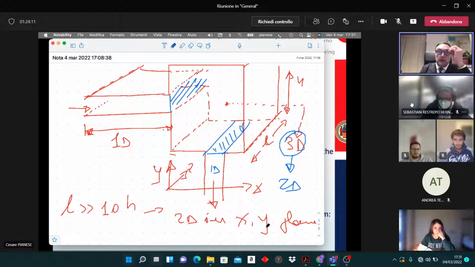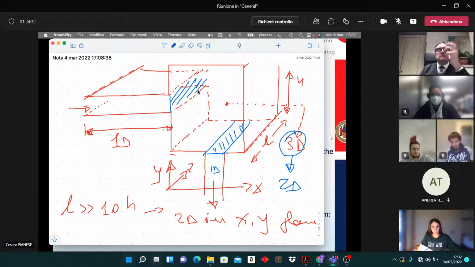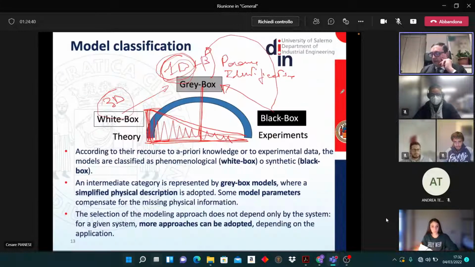So we stopped here speaking about the mixing of 1D and 2D models, for example, here. But you may also have other approaches, and you can simplify because you need computational time or things like that.